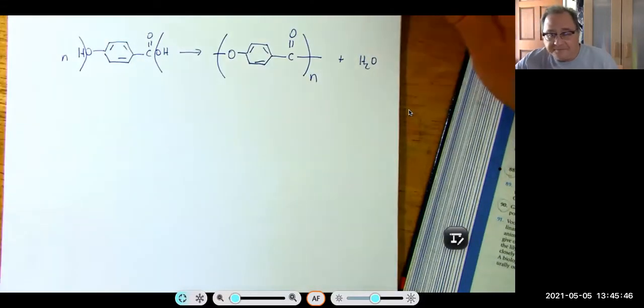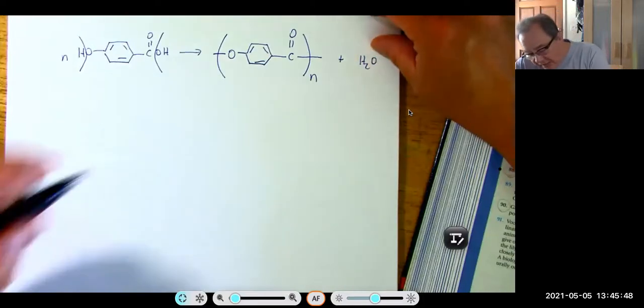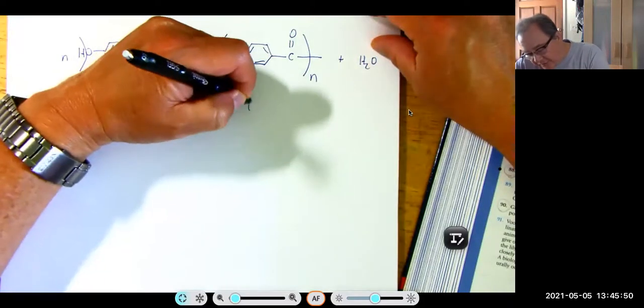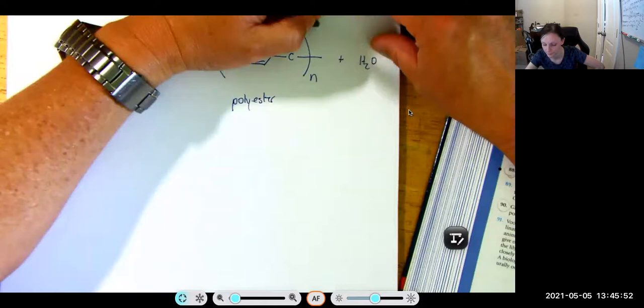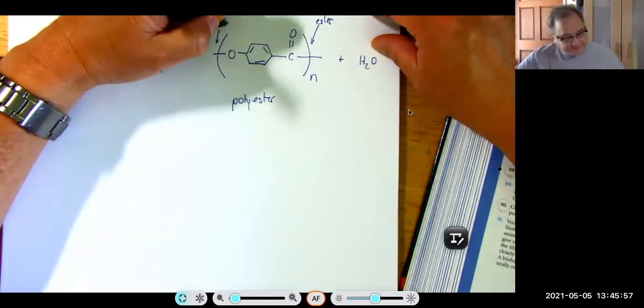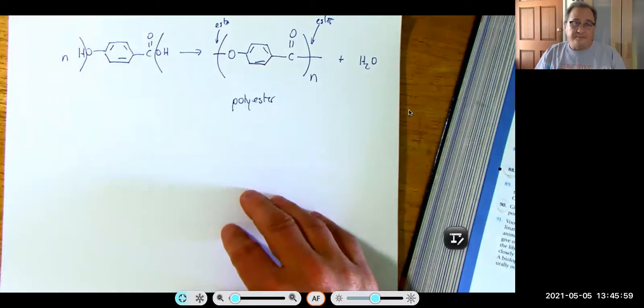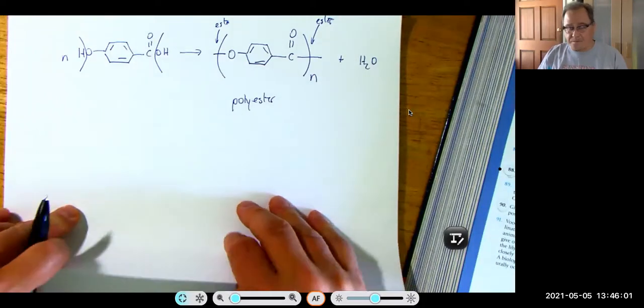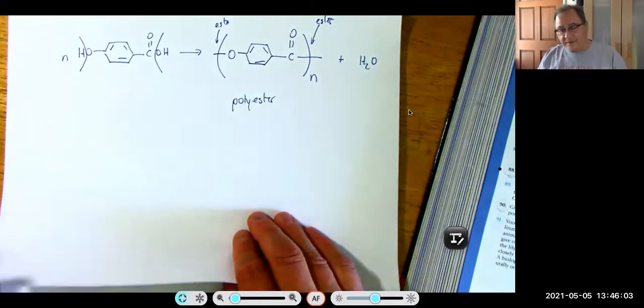That's the polymer. This is also a polyester. Right. That's going to be an ester bond.